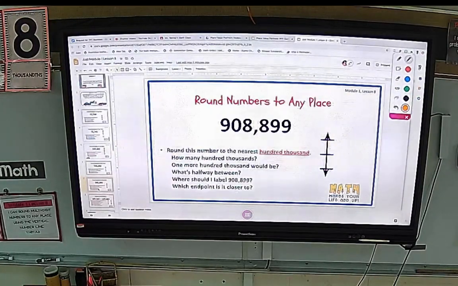Just give it a try. Don't forget to put your dot on your number line where you think this number is.